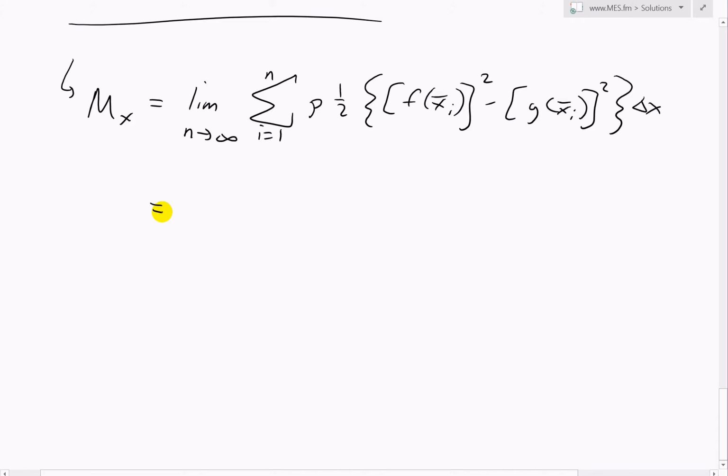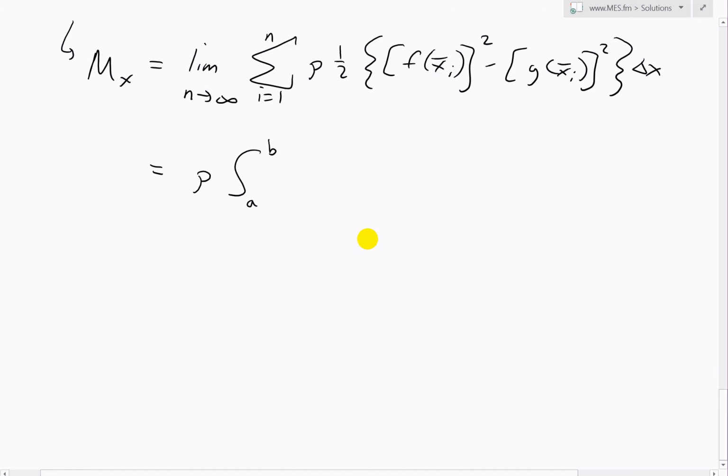Write this as an integral and take the density out, from a to b. Again this becomes infinitely small, so delta x is infinitely small and x i is going to coincide; you're going to have basically just a line.